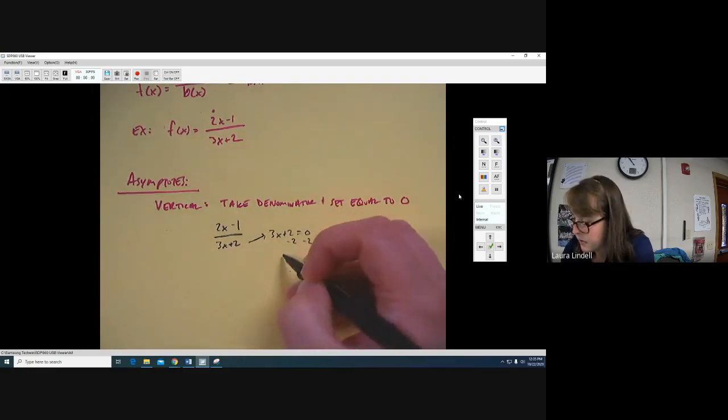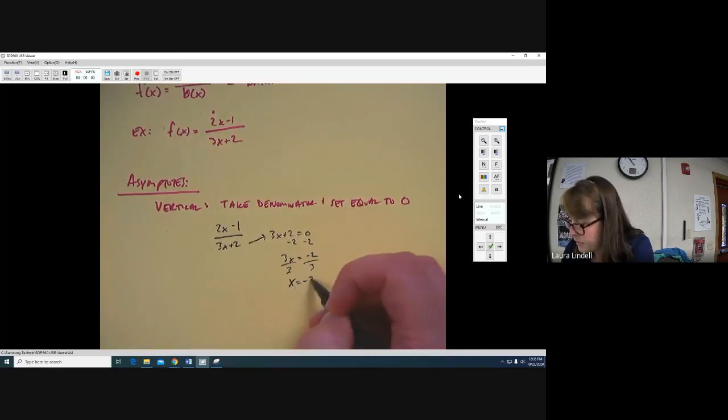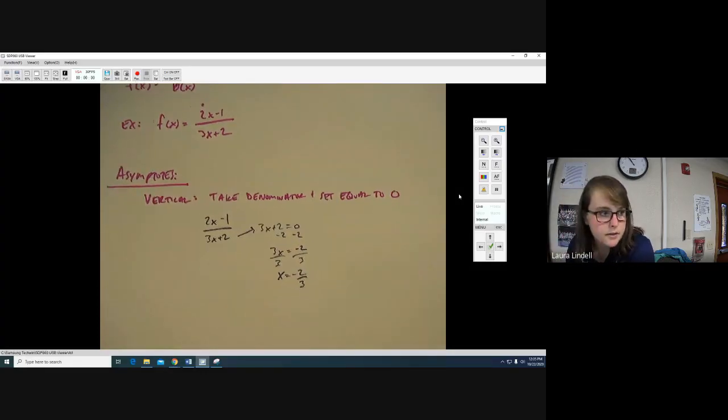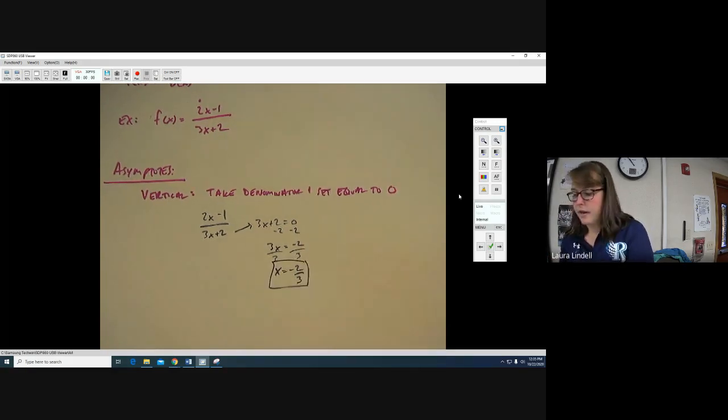Subtract 2 from both sides, we get 3x equals negative 2. Divide by 3, we get x equals negative 2/3. So that would be the equation of our vertical asymptote.